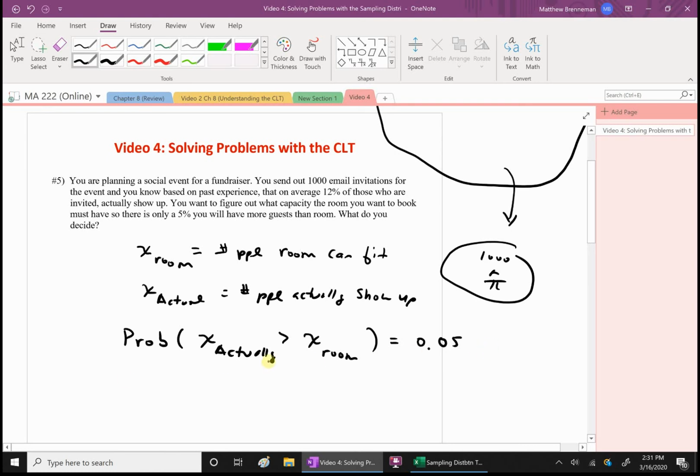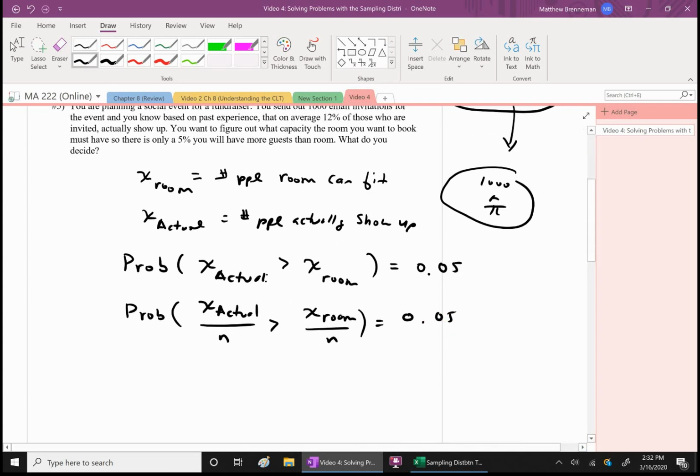So I'm going to divide through by n. Make that actual, okay. This is some unknown value, but this is what I actually see.